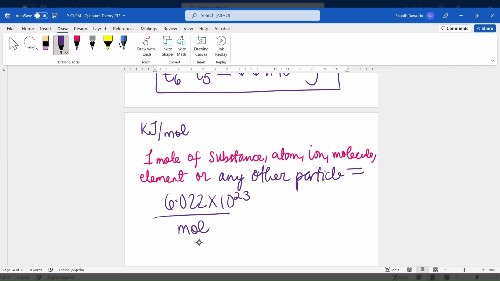So basically, 1 mole of anything is always going to give you 6.022 times 10 raised to the power of 23 in terms of its quantity. I just wanted you guys to know this information. This is from general chemistry.